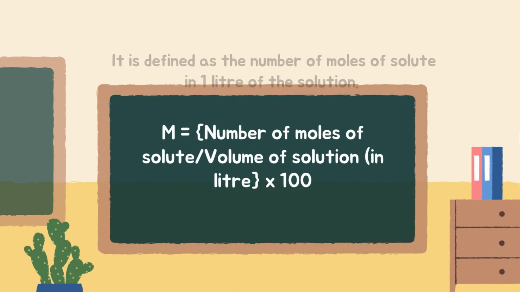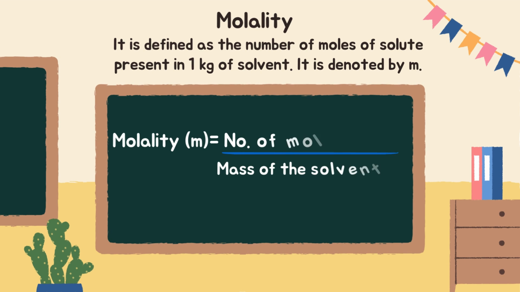What is molality? It is defined as the number of moles of solute present in 1 kilogram of solvent. It is denoted by m. Molality, m, equals number of moles of solute divided by mass of the solvent in kilograms.